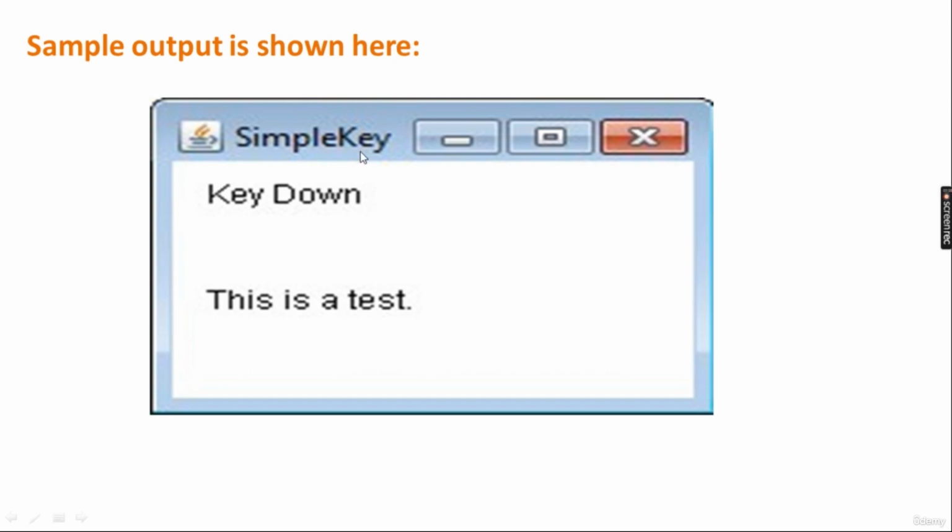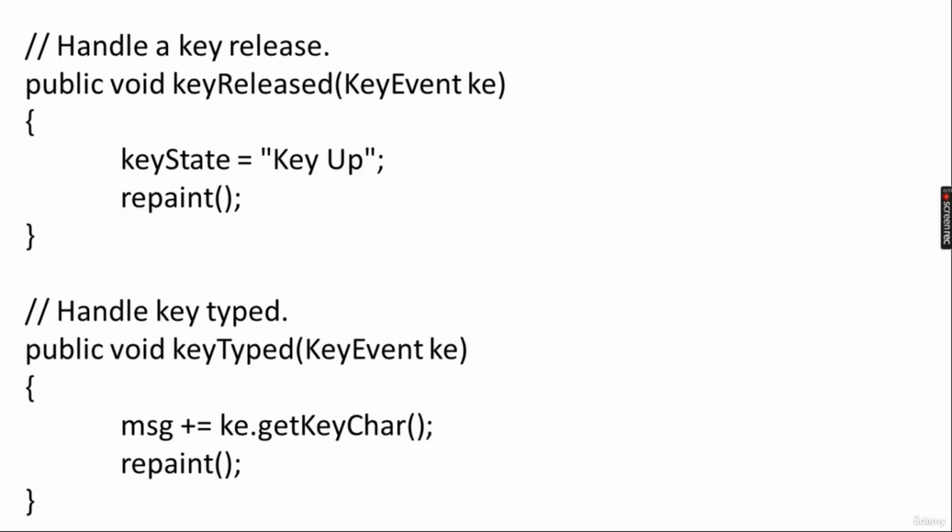So the output is shown here, simple key down. This is a test. So this is the title we have provided. This is the minimize, maximize, close button. Key down event is generated, and this is a test is displayed over here.